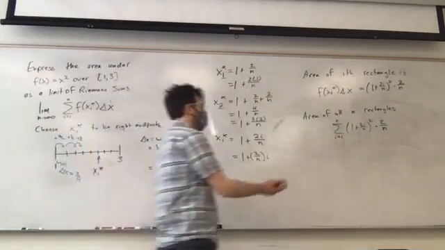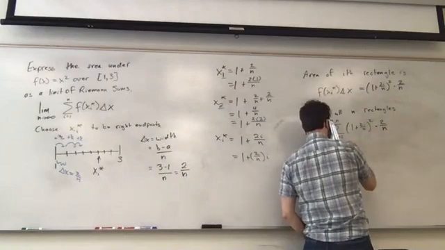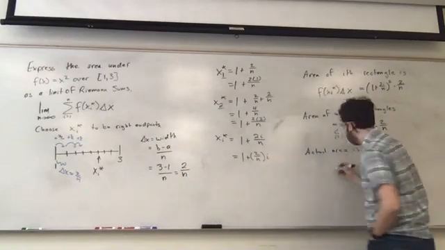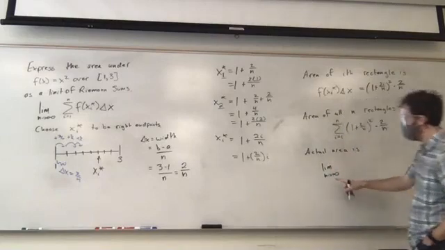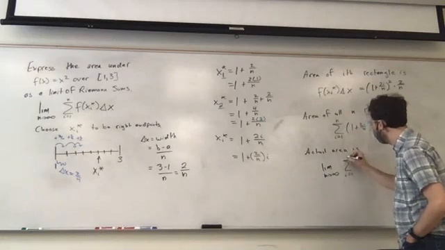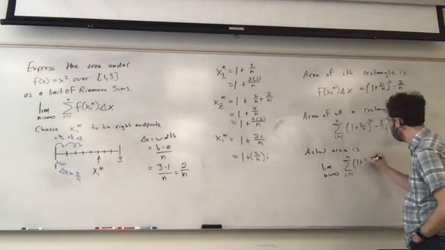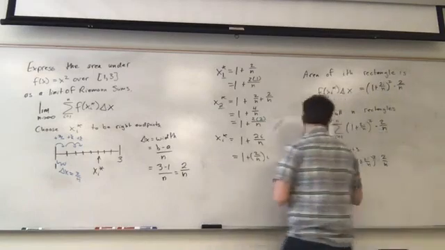The actual area is the limit of this. So the limit as n goes to infinity, so as you use more and more rectangles, of the sum from 1 to n of 1 plus 2i over n, squared, times 2 over n.